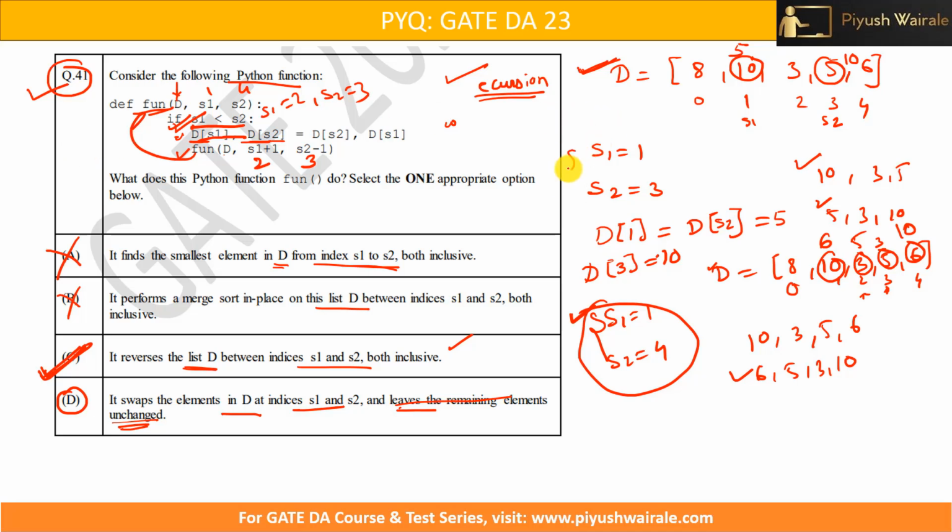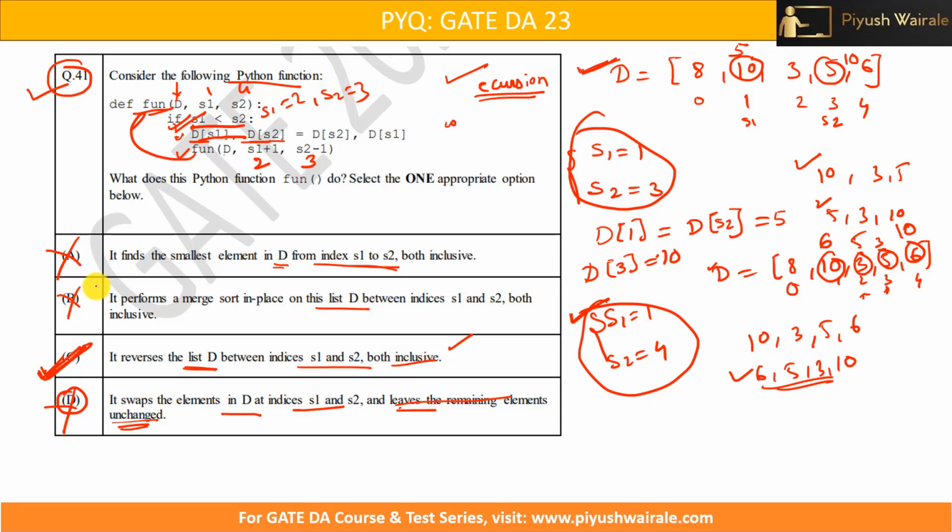Because if you consider that scenario, then option D is also correct, right? Because it leaves the remaining elements unchanged there. So both options C and D will be correct in the case of S1 and S2 being 1 and 3. But try to check for another condition also, like S1 equals 1 and S2 equals 4. So here if you observe, option D is not correct, only option C is correct, because it will reverse this particular list between the indices S1 and S2, both inclusive.